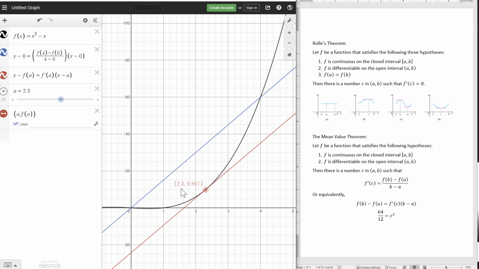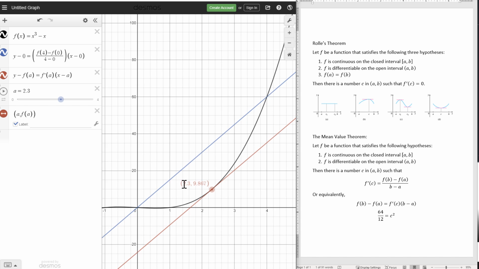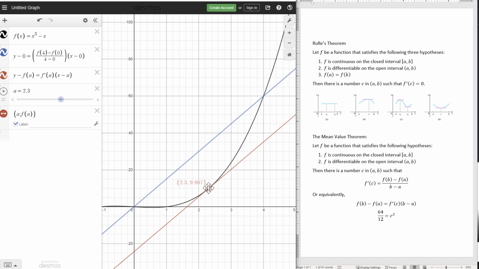So just roughly speaking, it looks like it might be 2.3-ish would be the value that we're looking at. If we go a little bit past that, it's definitely not going to be parallel anymore. If I go a little bit before that, it's not going to be parallel. So the question is, what x value can I pick so that this is actually parallel?